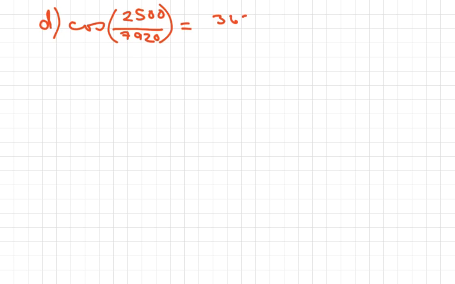I'm going to write D, so this is part D, cosine of 2,500, which is our D, over 7920 equals 3960 over 3960 plus h.